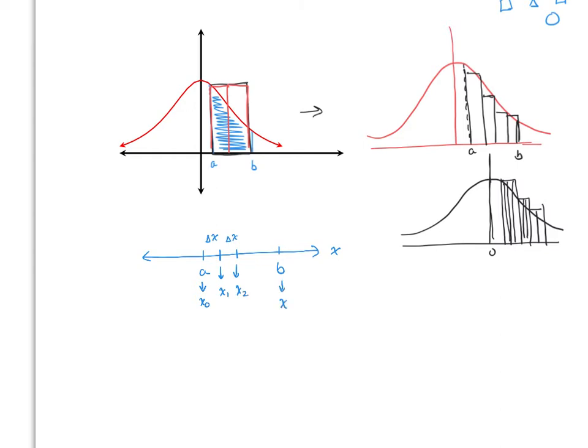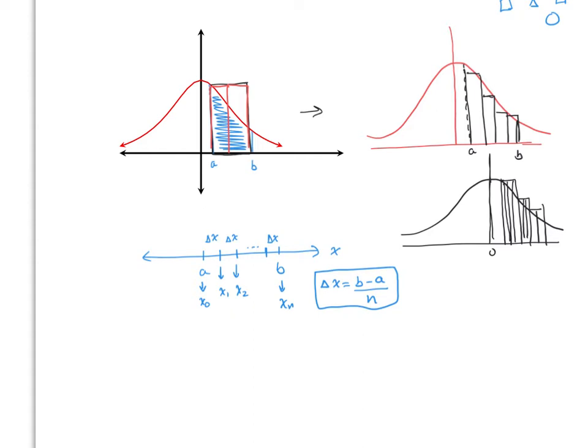The last one is gonna be called xn. And every time the distance is gonna be delta x. Since we want n intervals, then delta x is going to be the distance between B and A divided by n. Okay, so this is the first thing you need to know.